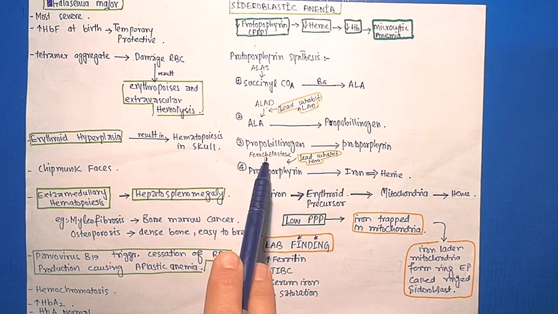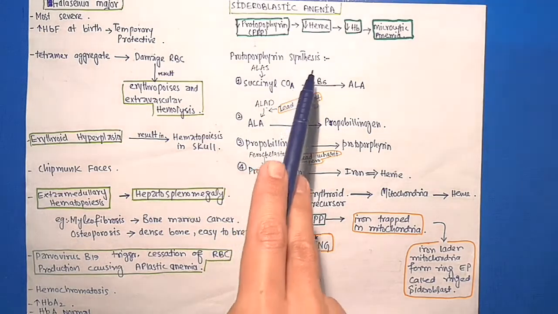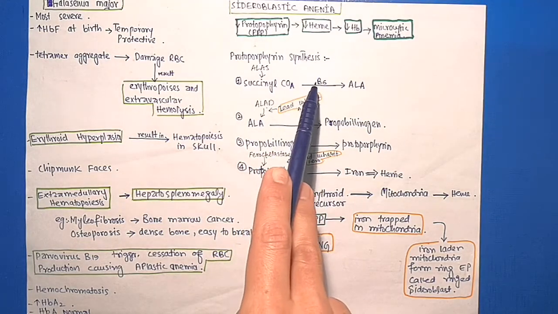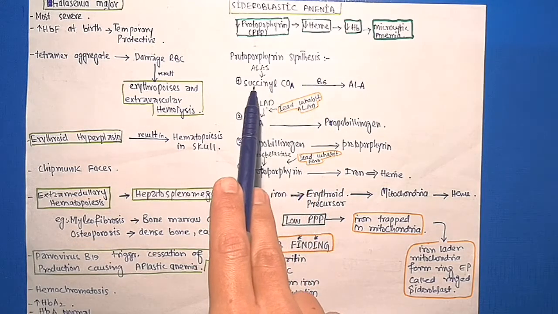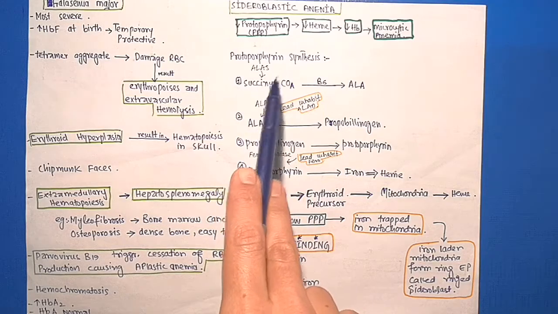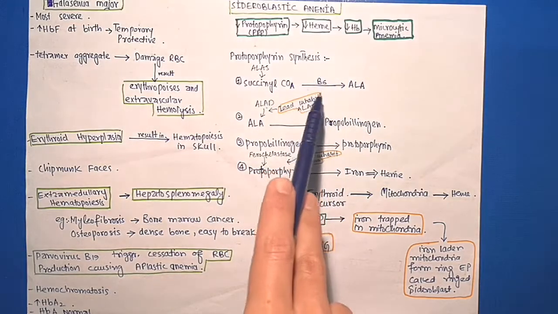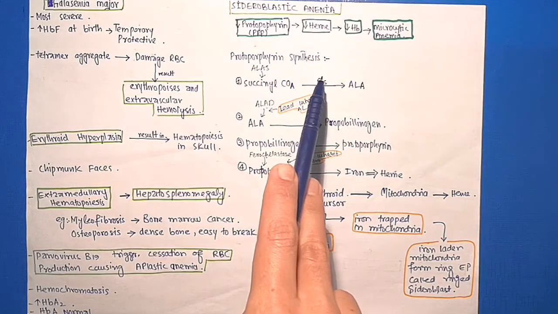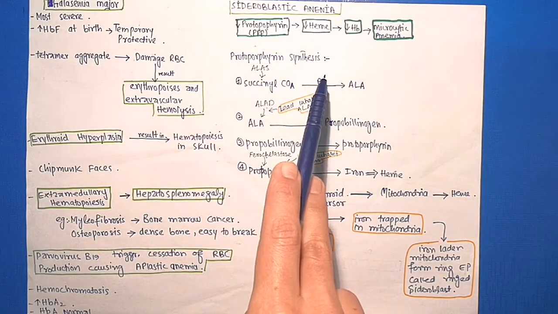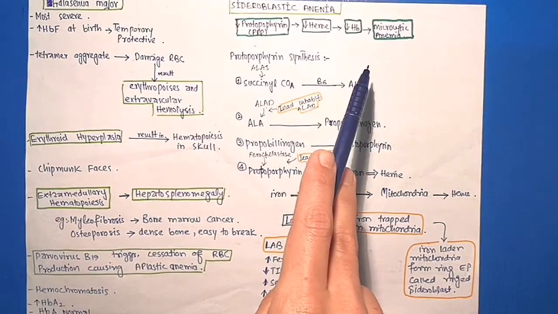And the third one is vitamin B6 deficiency, which is required as a cofactor when succinyl coenzyme A is converted into ALA. Vitamin B6 deficiency is also seen in a patient of tuberculosis who is taking isoniazid as a treatment.